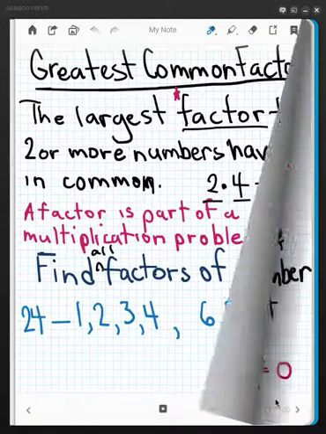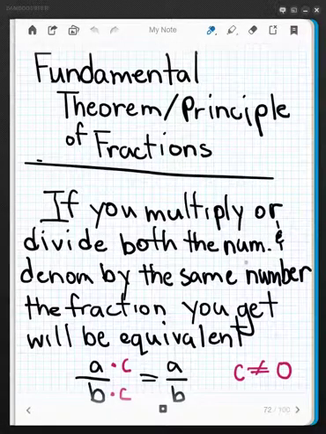Now once I know how to find all the factors of a number, I also need something else called the fundamental theorem or principle of fractions. This principle says that if I multiply or divide both the numerator and the denominator by the exact same number, and this number must be non-zero, then the fraction you get will be equivalent.